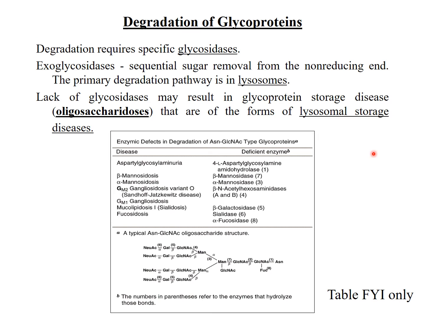All right, so we synthesize them, now we degrade them. How do we degrade? We degrade them with glycosidases, which sit in the lysosomes.